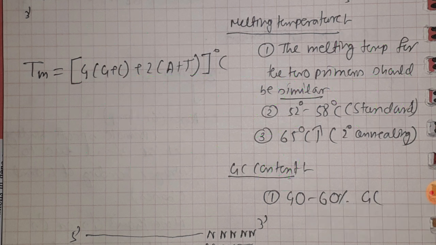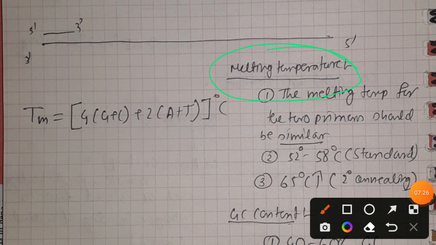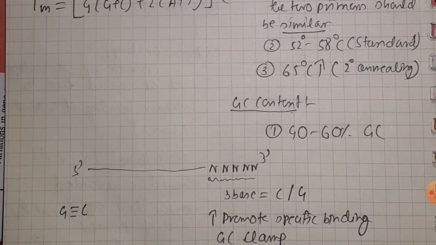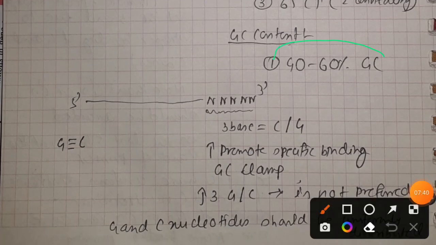So that is the idea. GC rich sequence will increase the melting temperature. Similarly, the sequence which lacks GC will reduce the melting temperature. So GC content is going to play a very important role. 40 to 60% of the GC content is preferable.